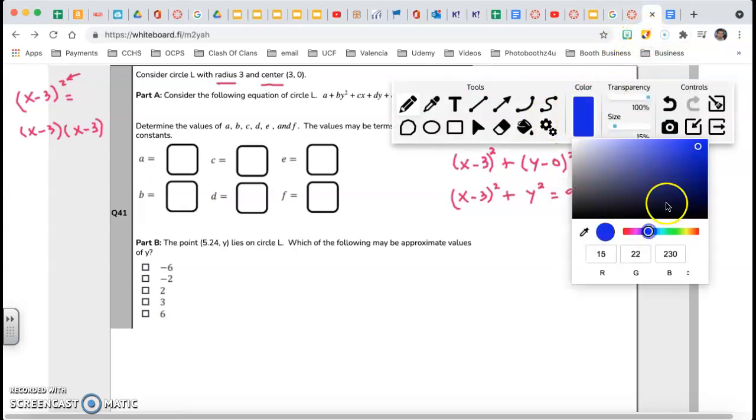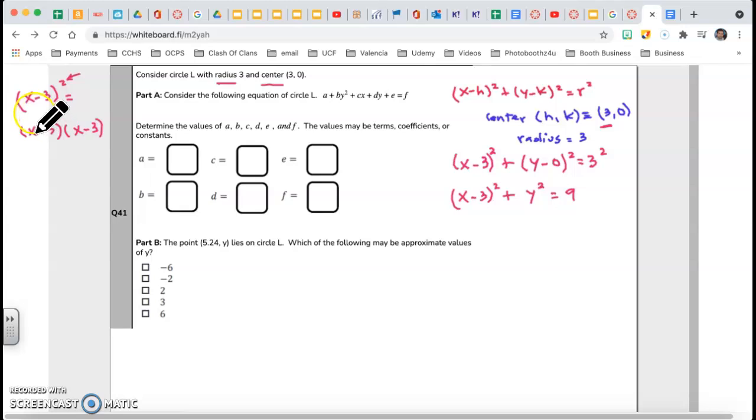So we have to remember FOIL. Alright, FOIL. First times first. x times x is x squared. x times negative 3, those are outer. x times negative 3 is going to give me negative 3x. Inner, negative 3 times x. And last. F first, outer, inner, last.